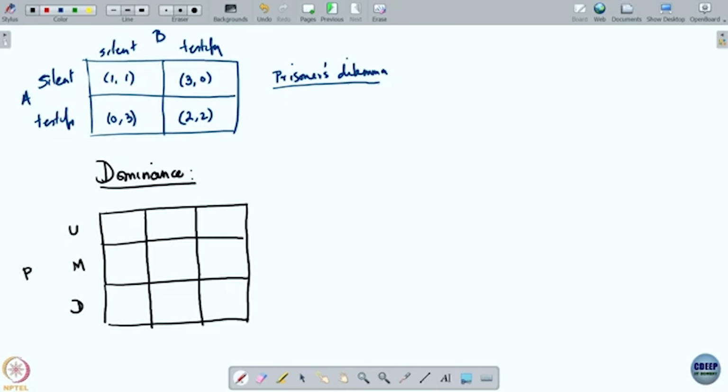So, this is player 1. Player 1 has three choices, which is up, middle and down, and player 2 has three choices, left, middle and right. This is for player 2. I'll write out the payoffs here for the players.